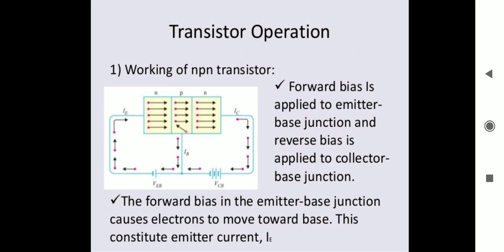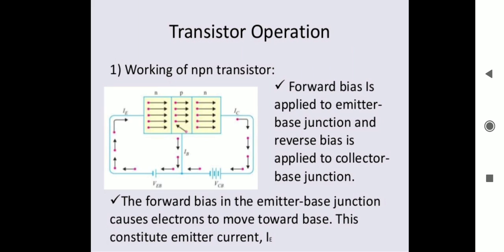Now you can see the operational diagram for NPN transistor. Here in this diagram you can see the N section, P section, and again N section, and how the battery is connected in the diagram.